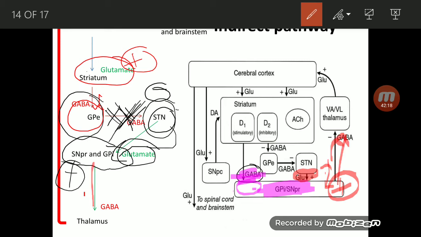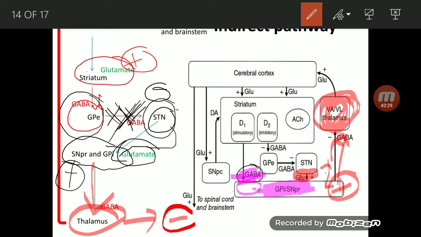Since SNPR is getting activated, it leads to release of GABA into your thalamus. Since GABA is inhibitory in nature, it is going to inhibit and block your function of your thalamus.